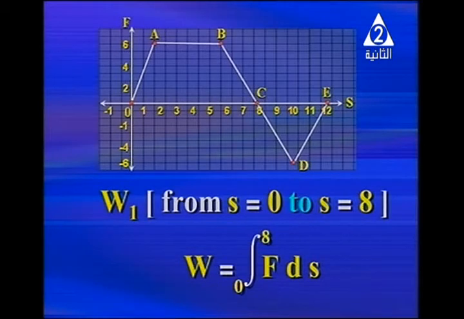Look at, dear student, the work done when S equals 0 to S equals 8 equals the definite integration from 0 to 8 of F ds. What is the integration from 0 to 8? Yes, the area of what? Trapezium.